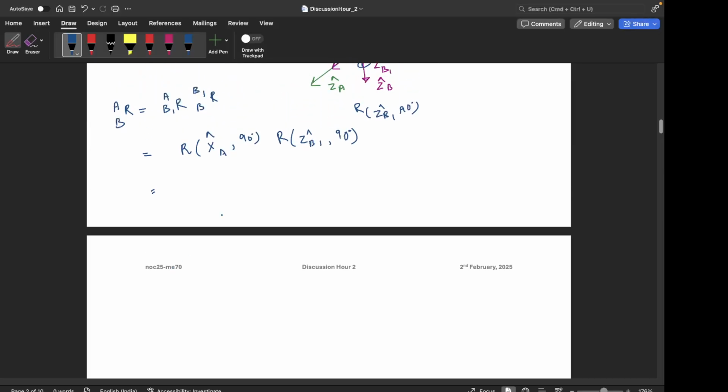Now, if you remember the simple or elementary rotations, then this should not be very difficult to write. So for x, it should be 1, 0, 0, 0, 0, and then cos theta, minus sine theta, cos theta. So cos 90 is 0, so this is 0, minus sine theta is 0. Right, and on this side we have ZB1 and rotate again 90 degrees.